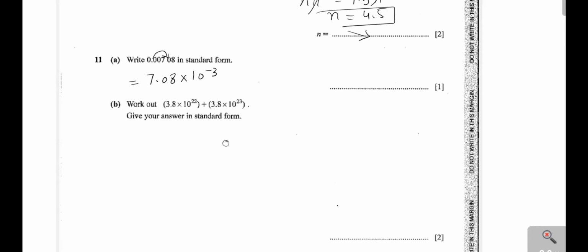Next, part B. Work out 3.8 into 10 power 22 plus 3.8 into 10 power 23. Give your answer in standard form. Look here in this question. Firstly, we will take the common. Here the 3.8 is common. This value becomes 10 power 22 plus 10 power 23.